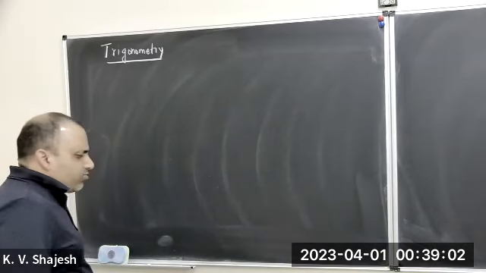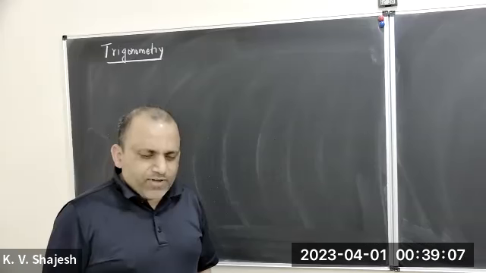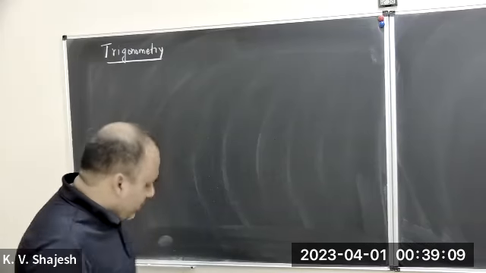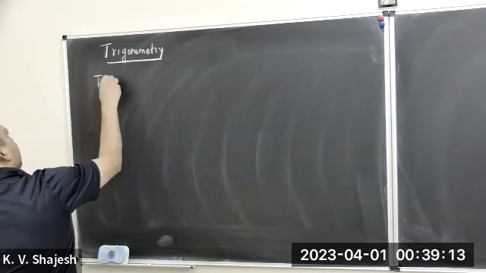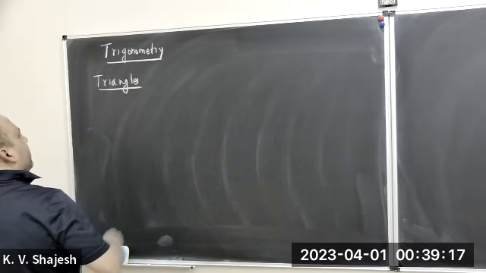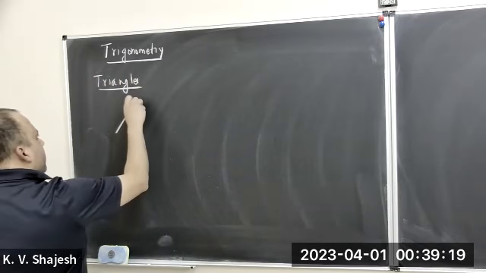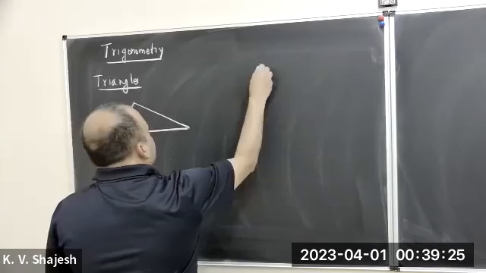So most probably, historically speaking, the circle came up very early in time. If we go historically speaking, there were triangles, and a triangle could be any shape, and there were circles.